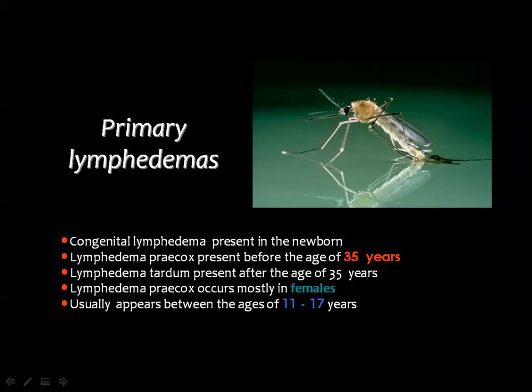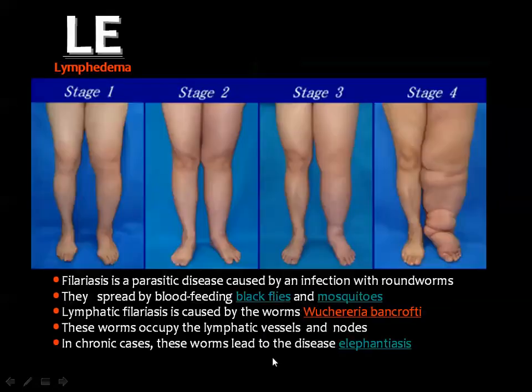Congenital lymphedema is seen in the newborns, and lymphedema praecox is present before the age of 35 years, and lymphedema tarda is present after the age of 35 years. Lymphedema is very common in females, and the age of presentation is around 11 to 17 years.